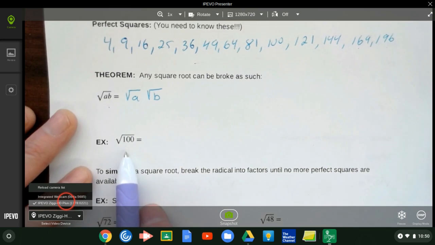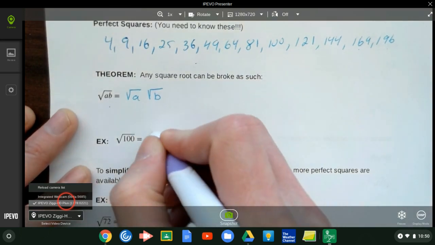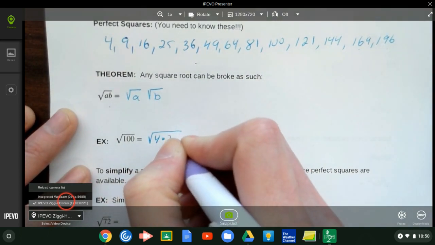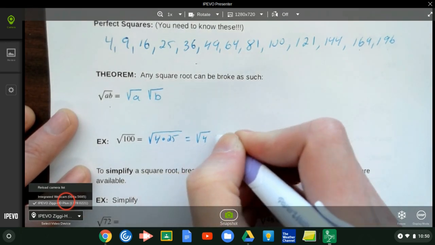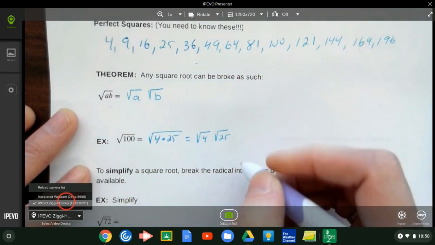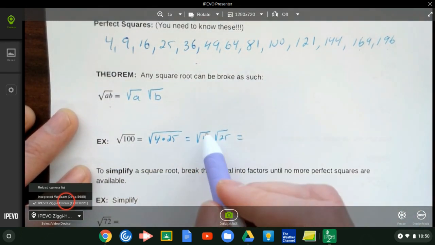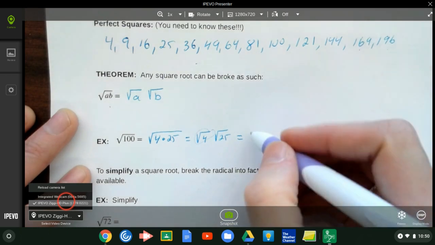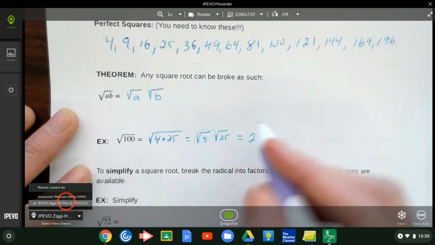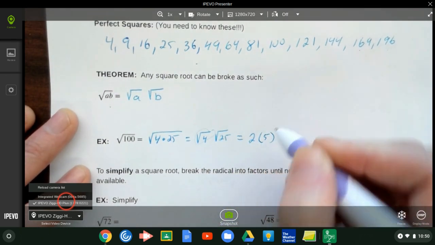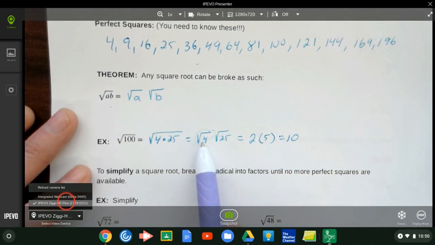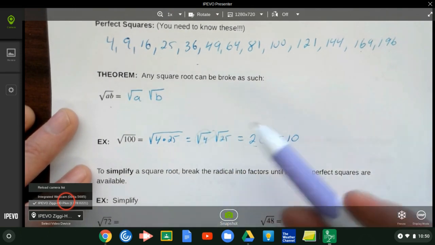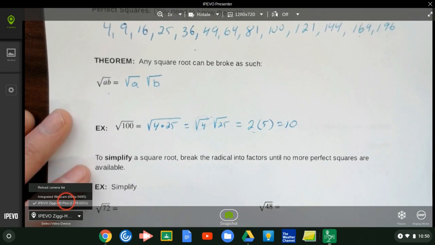I could take the square root of 100 and say, well, I do know 4 times 25 is 100. So I could break that up as the square root of 4 times the square root of 25. I know the square root of 4 is 2, and the square root of 25 is 5, which gives me 10. Notice that once I take the square root, I don't have that symbol anymore. I've used that symbol up. So basically that's what we're going to be doing.